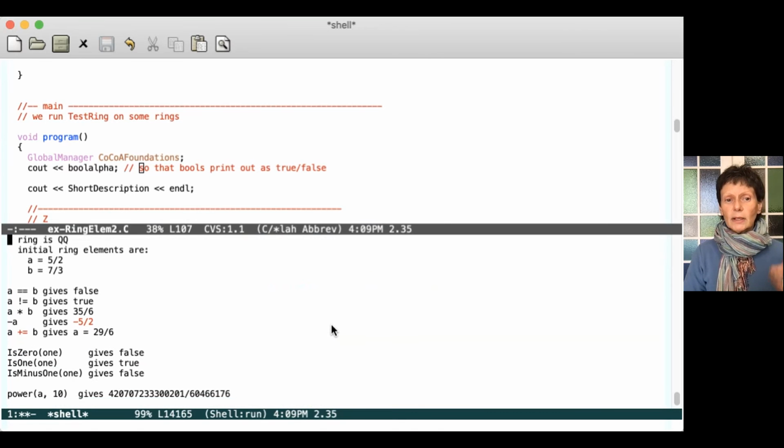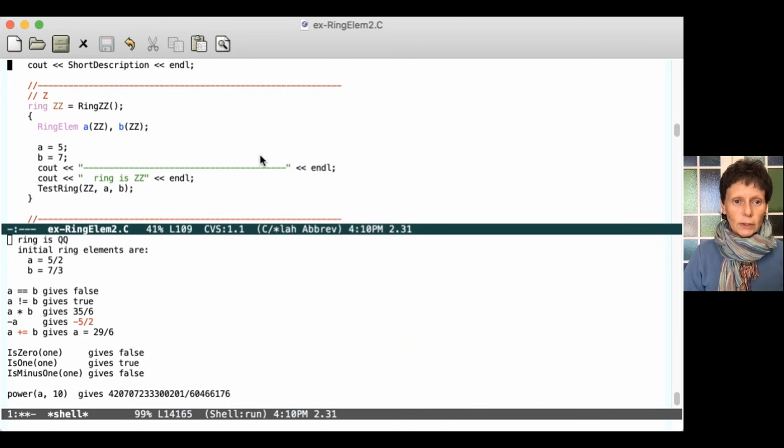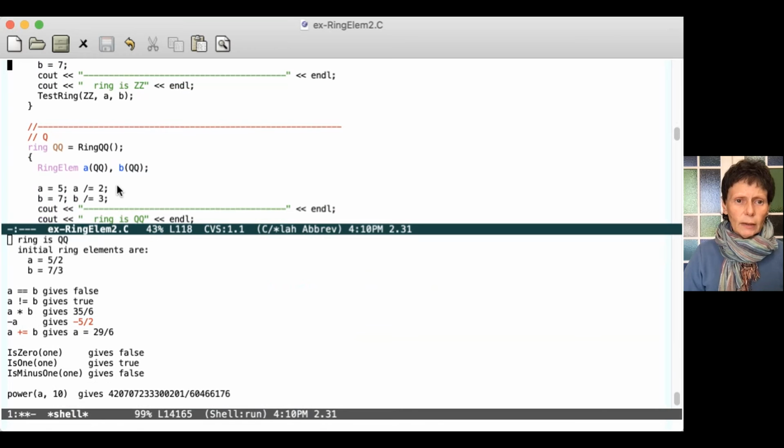Then we try with the rationals. We have two fractions, and again, that's something important that you need to know. You saw here we defined the fractions like that, which is a bit funny. There are other ways of writing it you can find in the manual.